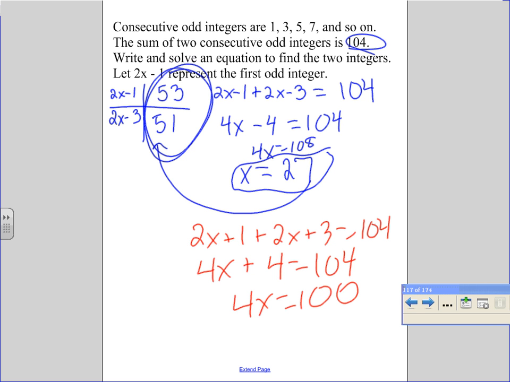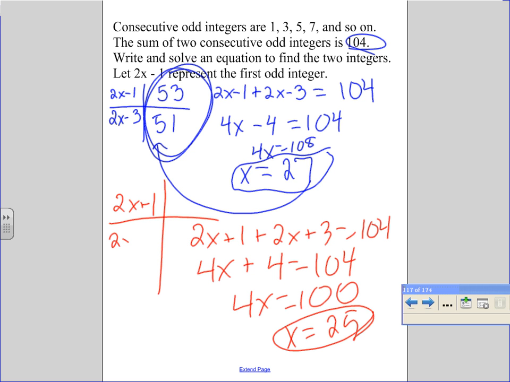So, again, this just proves if you use a different expression for the odd integers, you're going to get a different x value, but when you plug it back into these expressions, you're going to get these same values, 51 and 53. Mary? Like technically, do 2x plus 100 as 1 and 2x plus 100 is.